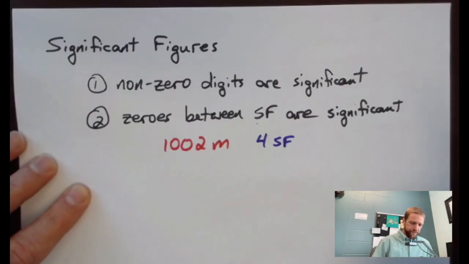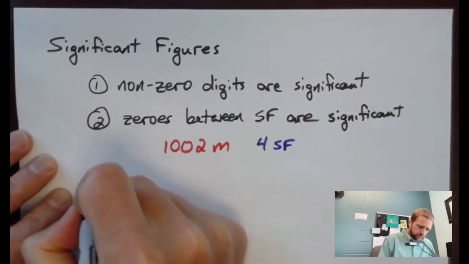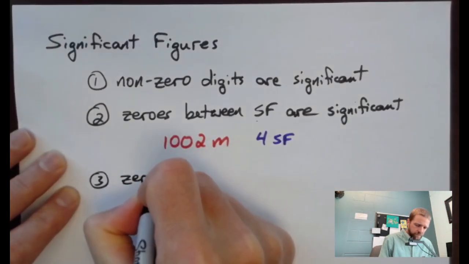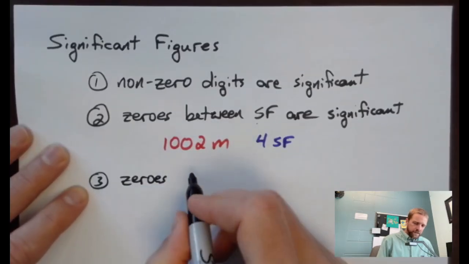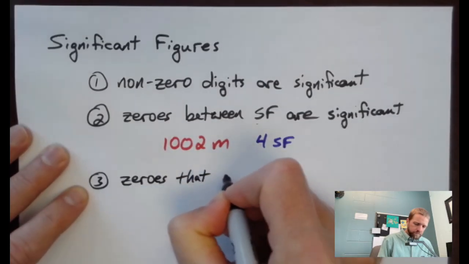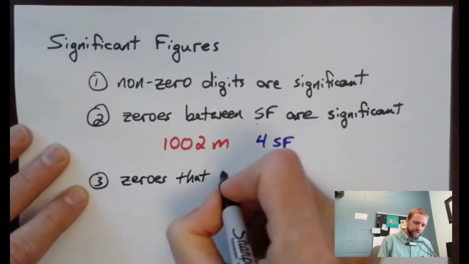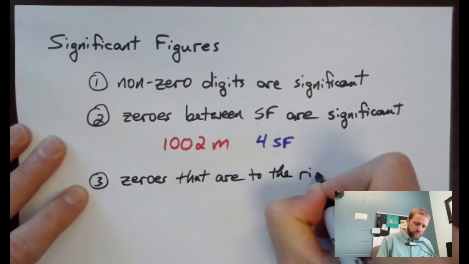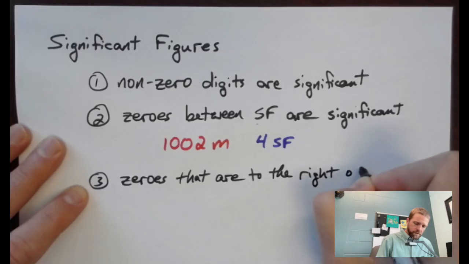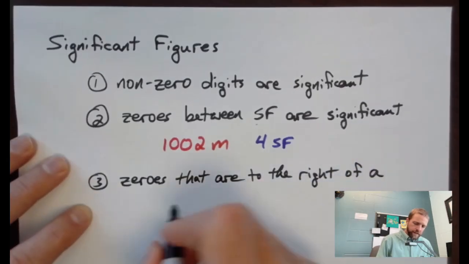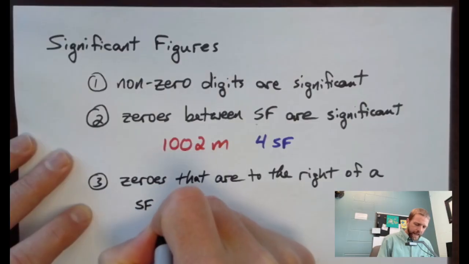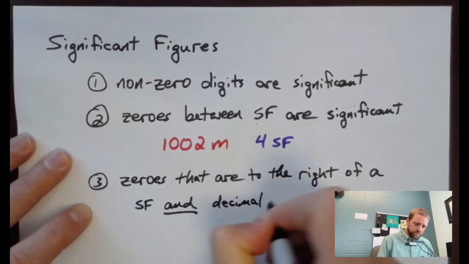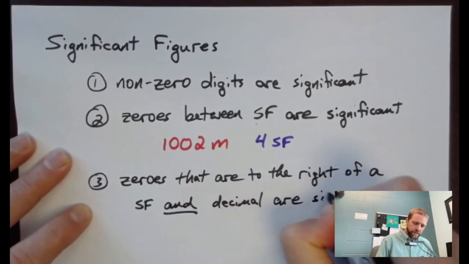Okay, rule number 3. Zeros that trail, or that are to the right of a significant figure and the decimal, are significant.